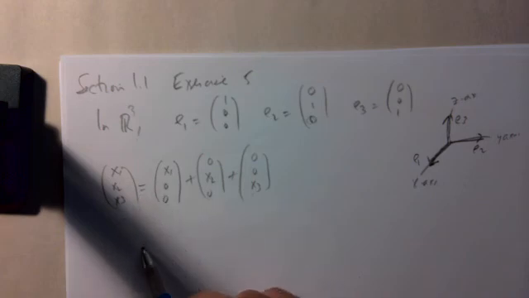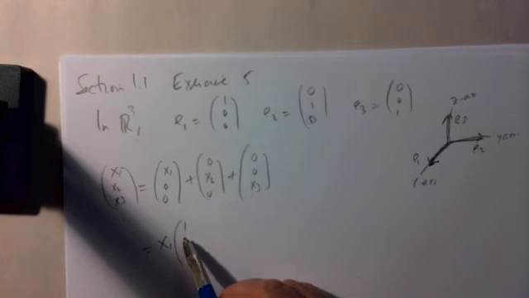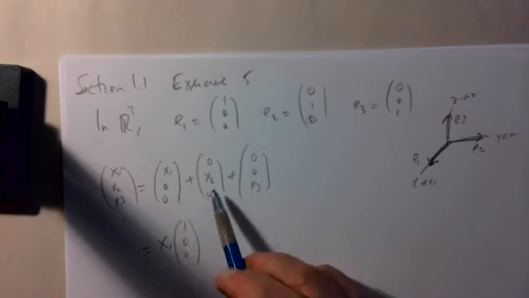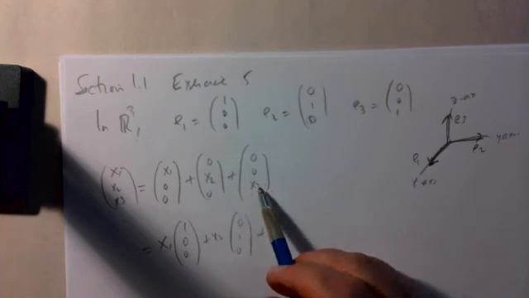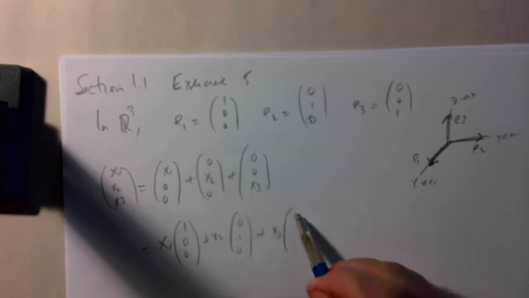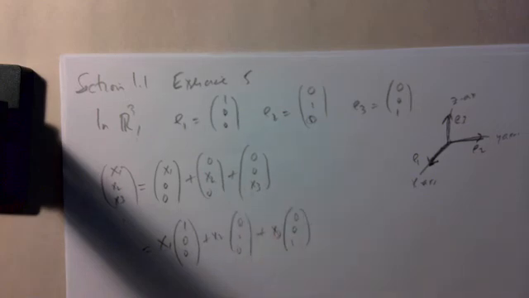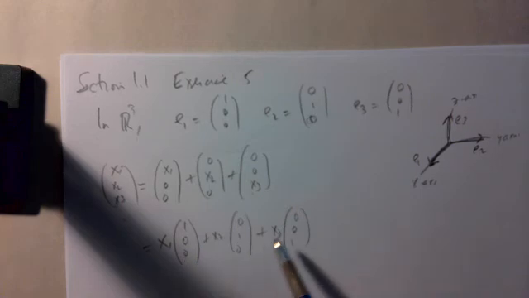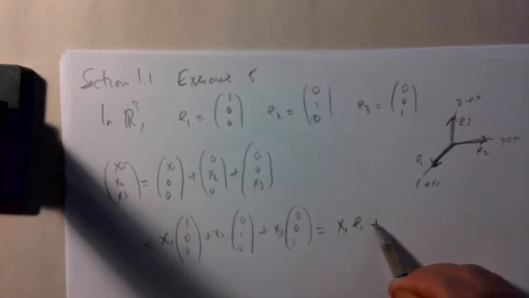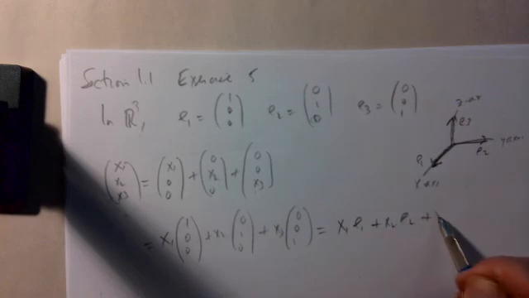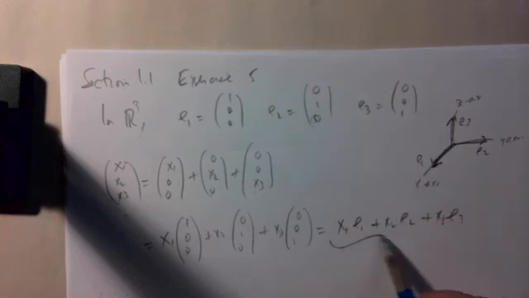And of course, this is just x1 times the vector 1, 0, 0, and this is x2 times the vector 0, 1, 0, and this is x3 times the vector 0, 0, 1. And these are the vectors e1, e2, e3. This is x1 e1 plus x2 e2 plus x3 e3.